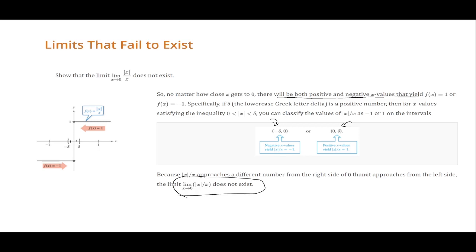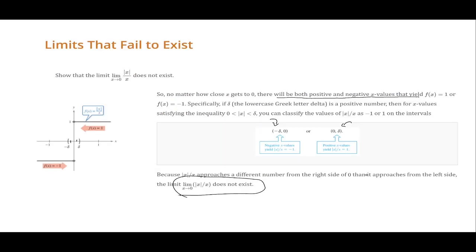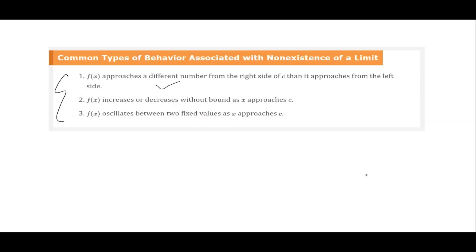Okay, so that's one case where the limit does not exist. There are some common types of behavior associated with non-existence of a limit. For example, the function f of x approaches a different number from the right side of c than it approaches from the left side. That's called limit does not exist. That's what happened here. The second is the function increases or decreases without bound as x approaches c.